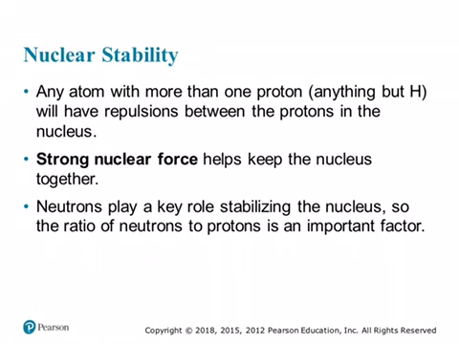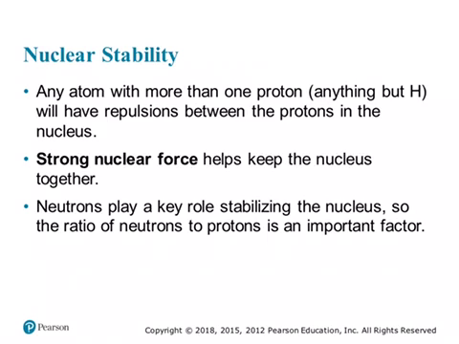There is a strong nuclear force that helps keep the nucleus together, and it's the neutrons' role in that strong nuclear force, because it stabilizes the nucleus. It helps balance the protons, even though they are neutral.